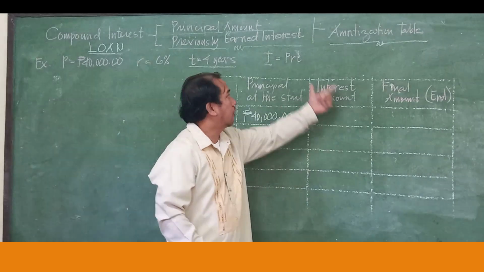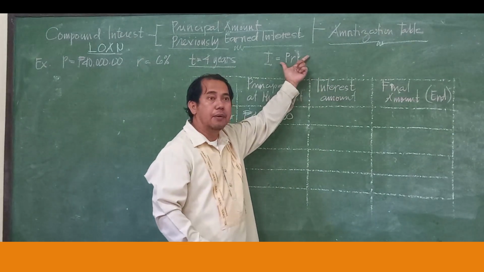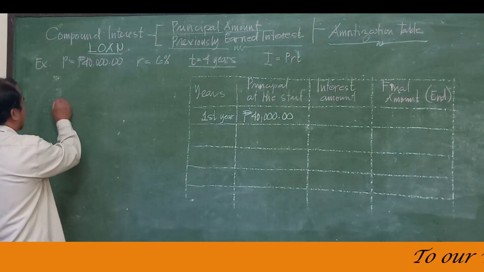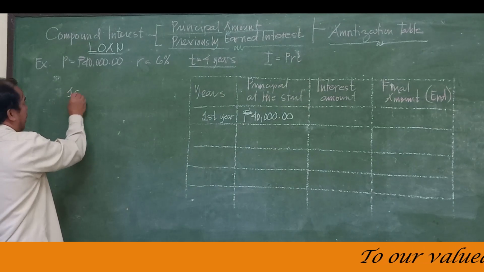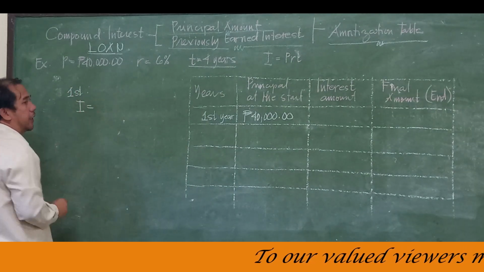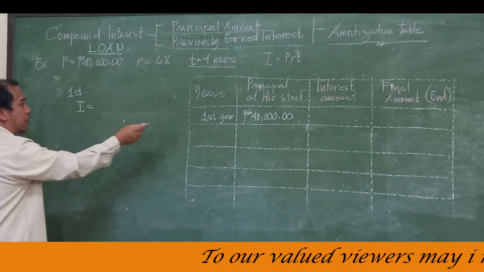Now, what about the interest? Definitely, we make use of this one, the interest for the first year. We are going to make use of the PRT. So what is your principal?